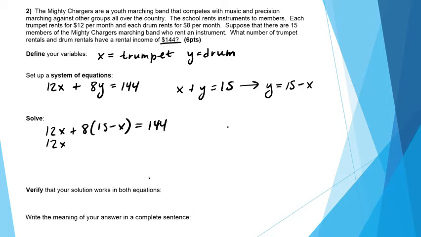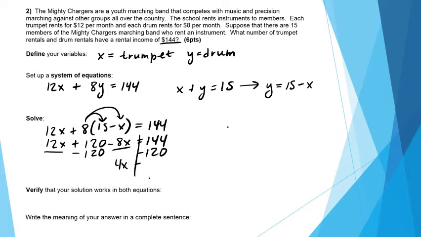And 12x plus 8 times 15 gives me 120, and 8 times negative x gives me minus 8x, equals 144. Now I can combine like terms. So I'm going to subtract 120 from each side, and I'm going to combine my 12x and my negative 8x. So I've got 4x equals 24, and now I'll divide by 4, and I get that x equals 6.